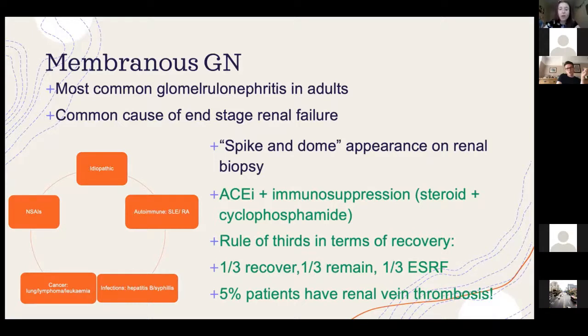So a third of these patients recover completely, a third remain in quite severe renal failure but with just proteinuria, and then a third go to complete end-stage renal failure and end up needing dialysis and possibly a renal transplant. And this is the one where you really need to consider anticoagulating, because 5% of patients do end up with a renal vein thrombosis.